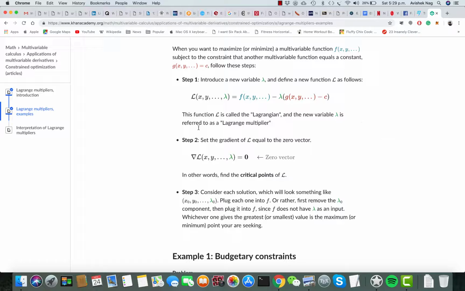So here is the concept of Lagrangian multipliers, the theory of Lagrangian multipliers basically. When you have a function, let's say f of x, y, and so on, with many variables, and this is a multivariate function, and you are asked to maximize or minimize the function f subject to a constraint that is given by another multivariate function, let's say g.